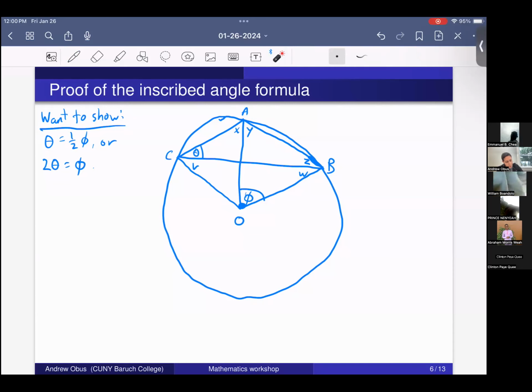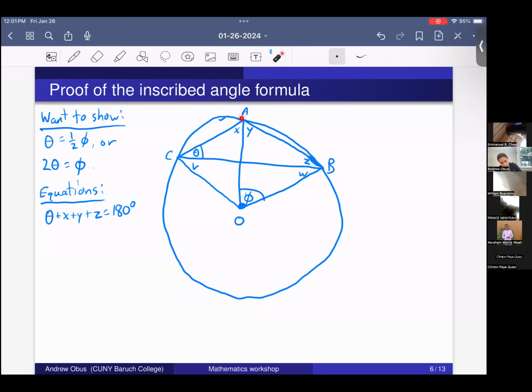Okay, so now I'm just going to write out some equations. The first equation is that I have triangle ABC. We know that all of the angles add up to 180 degrees, right? So if I take theta plus X plus Y plus Z, that has to be 180 degrees. So theta plus X plus Y plus Z equals 180 degrees. Okay. Similarly, I have this triangle ABO.